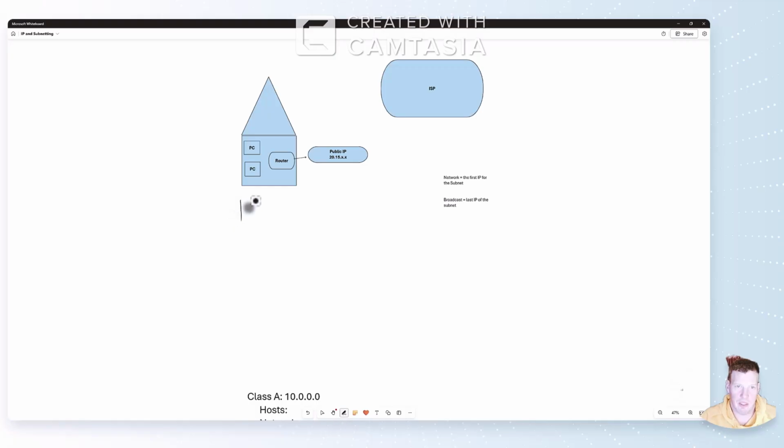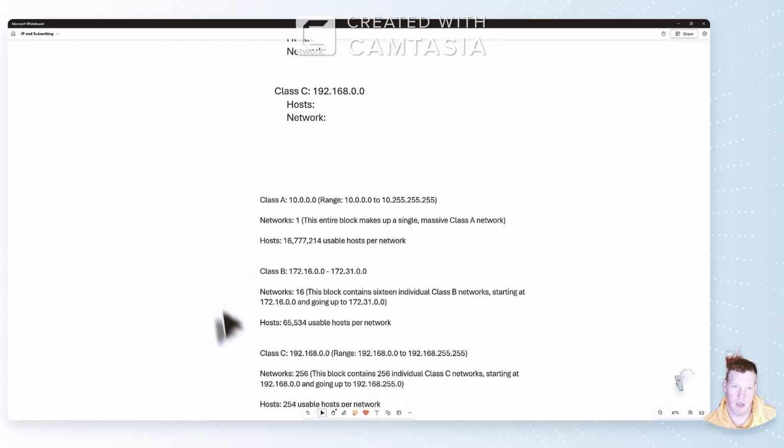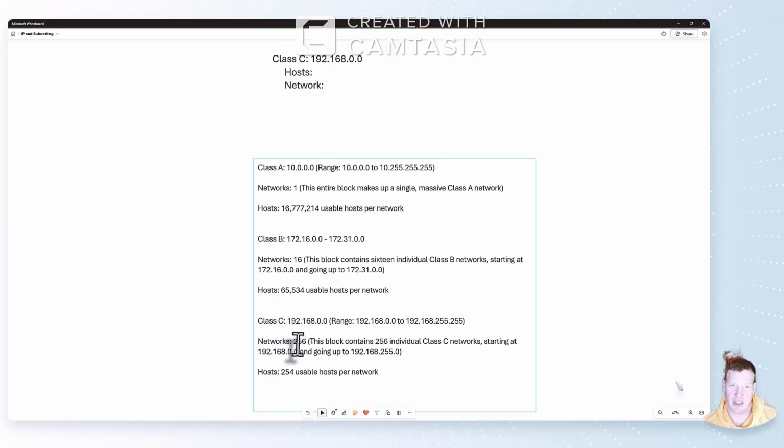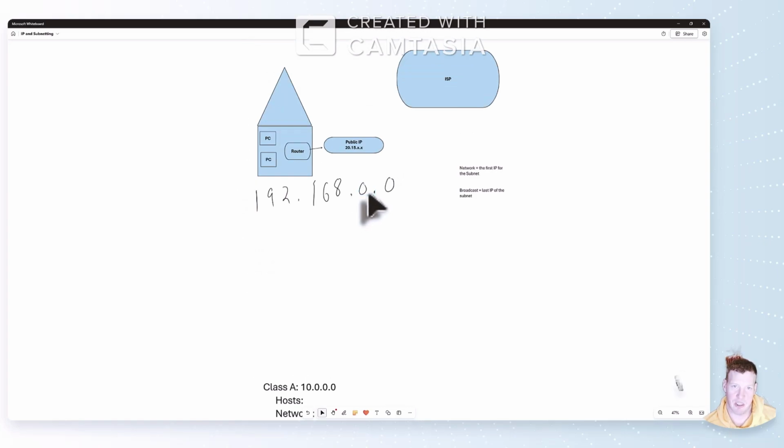So we're going to start with a 192.168.0.0. What can we change here? We could change the first octet. This is how you change the actual networks. Okay, so if we scroll back down here and we say that there's 256 available networks, what that means is this number can change up to 255.